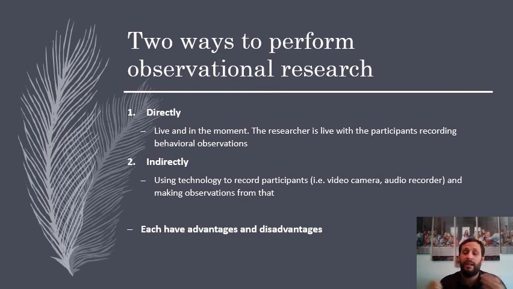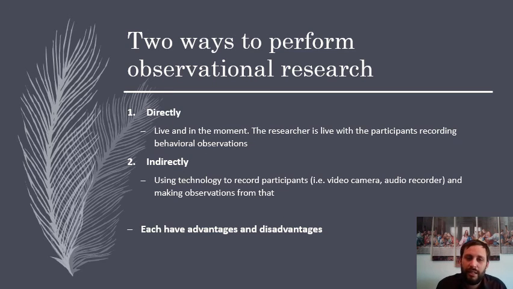Additionally, seeing how often somebody smiles in the middle of a conversation would be a direct way of doing observational research. There is additionally the indirect way of performing observational research. In the indirect method, we're using technology to record participants, such as a video camera or an audio recorder, and making observations from that.